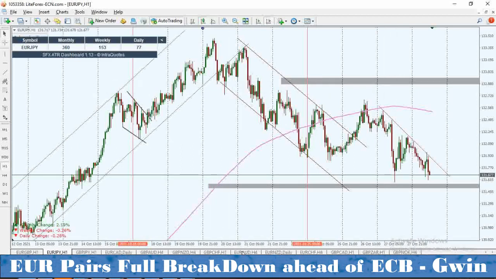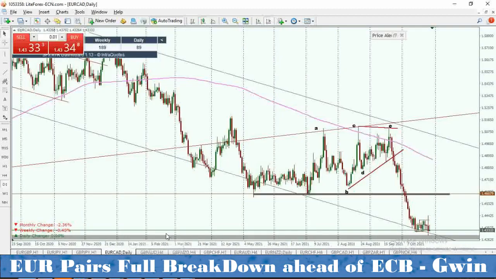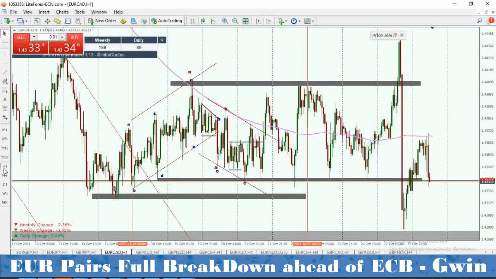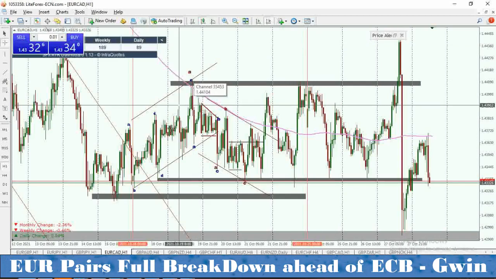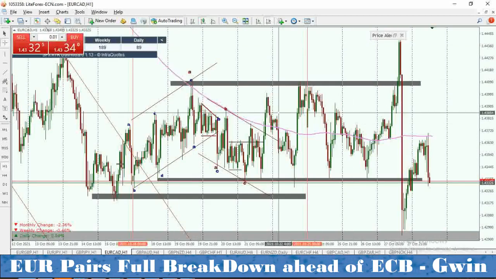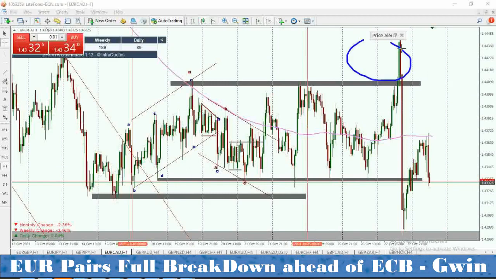We're also going to be looking at the Euro CAD. Yesterday we had the Bank of Canada report come in, and we did see how price moved from this high, having traded inside of this small range here, which created a fake out, and that sent price clearing the range.